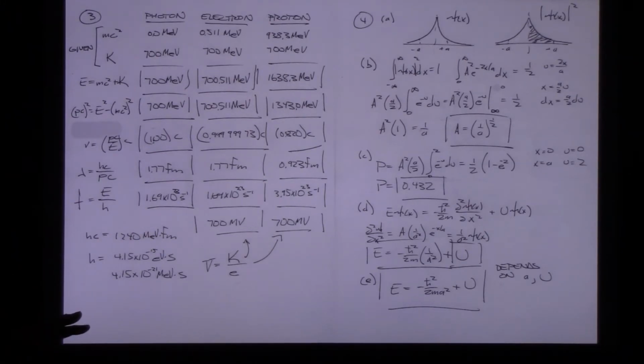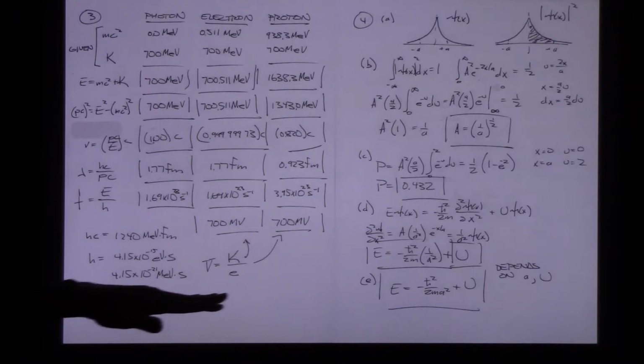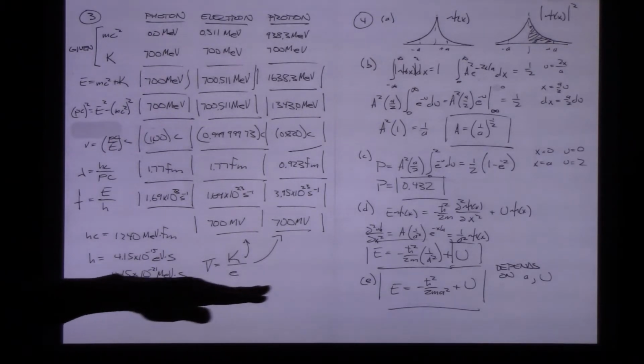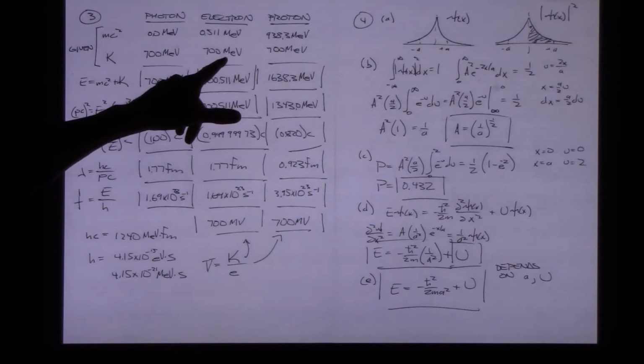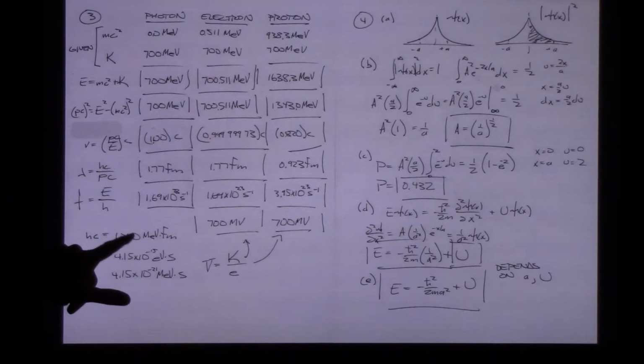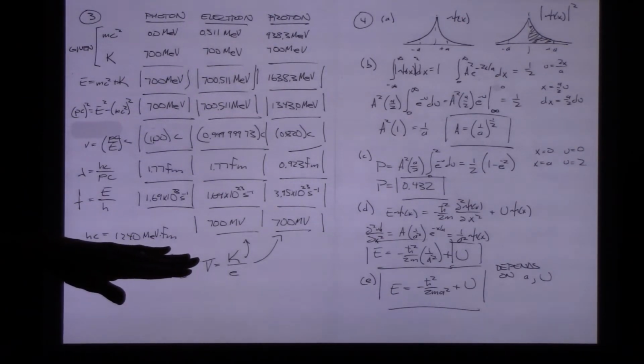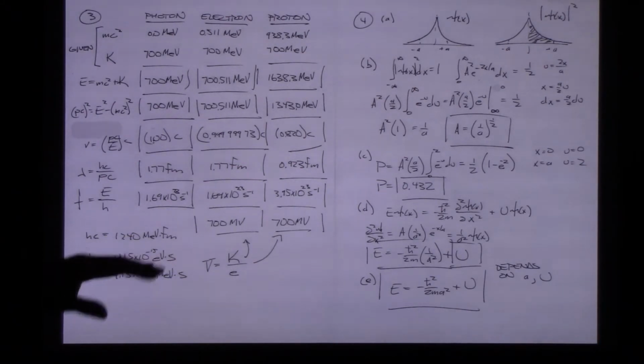Now, I'm using the 1240 number a lot. For the hc, I can put my 1240 eV nanometers in. Since we're working in MeV, oh, here it is. Perfect. hc is equal to 1240 MeV femtometers. There it is. So again, it's a shortcut. It's going to save you time.